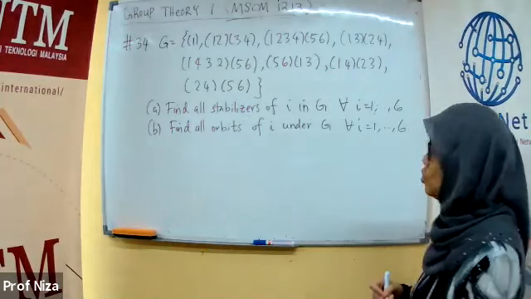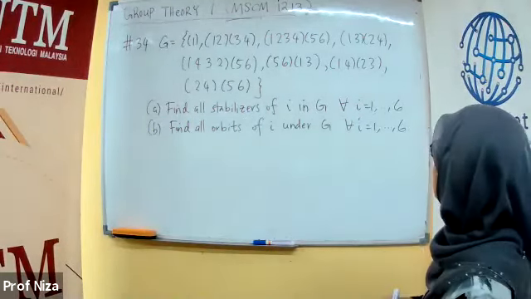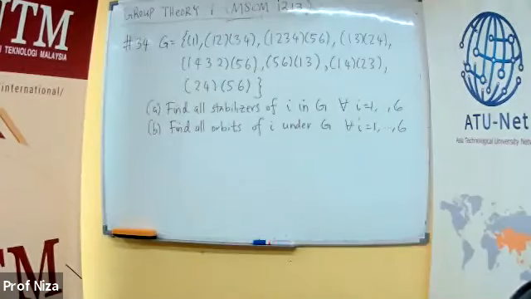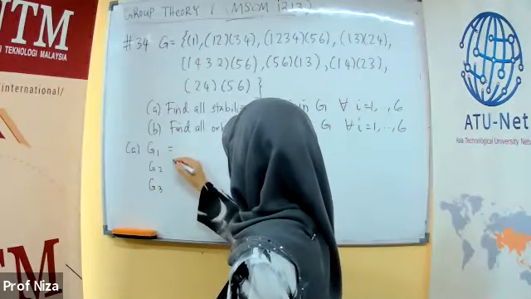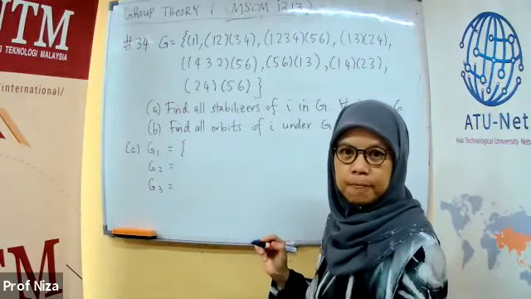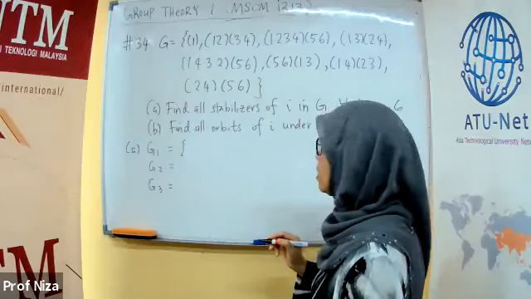Okay, so this one, stabilizer. The stabilizer is G sub i, right? Okay, so for A, we have G1, G2, G3. So what is G1? Fixtures, right?